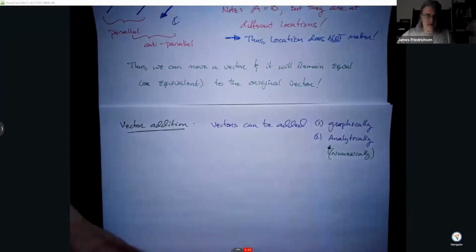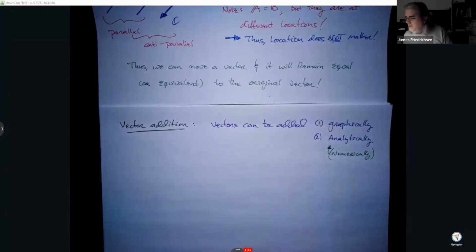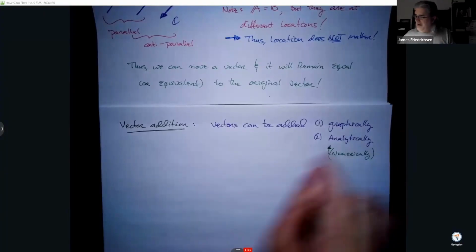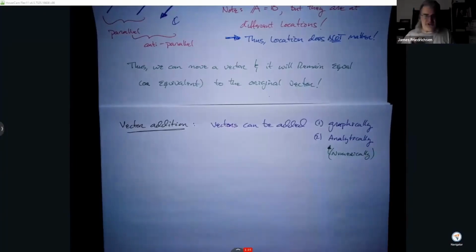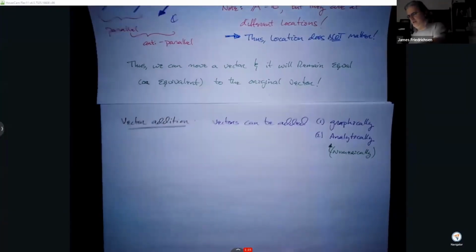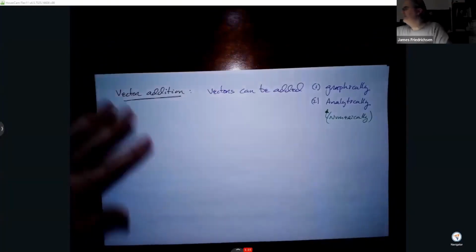Okay. And so when we talk about doing a graphic vector addition technique, there are multiple techniques that we could use, but we're going to have a preference for certain ones in this particular class.